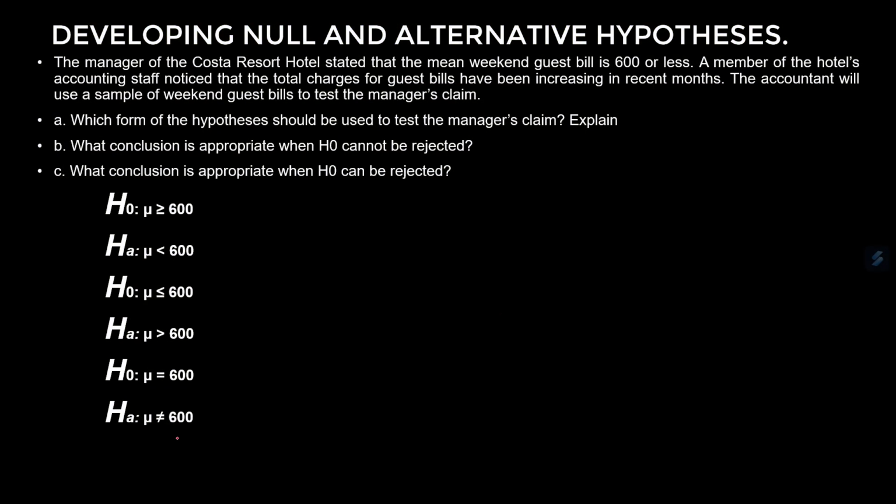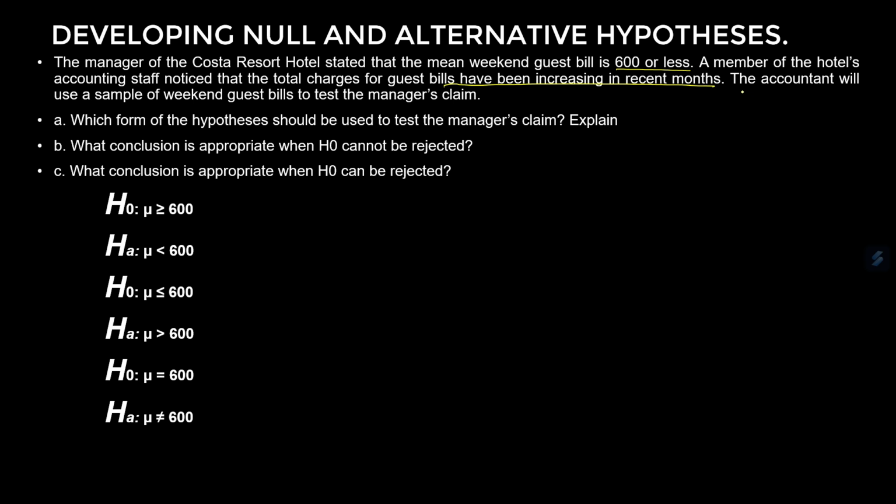Let us understand this problem which is given to us. The manager of Costa Resort Hotel stated that the mean weekend guest bill is 600 or less. A member of the hotel's accounting staff noticed that the total charges for guest bills have been increasing in recent months.